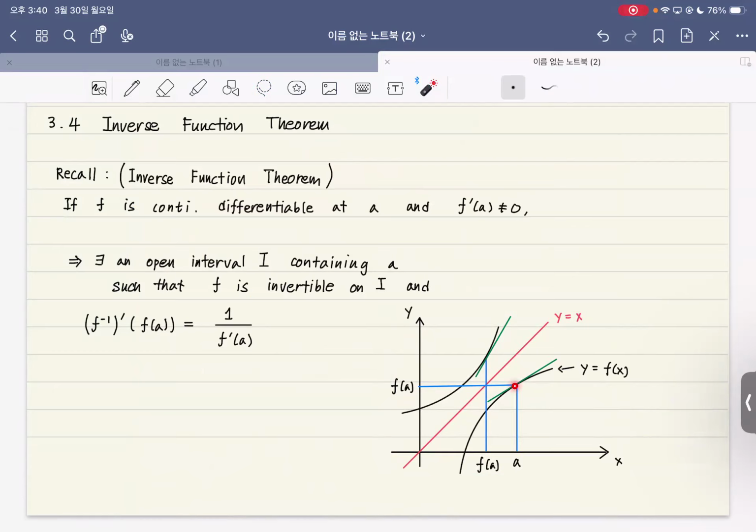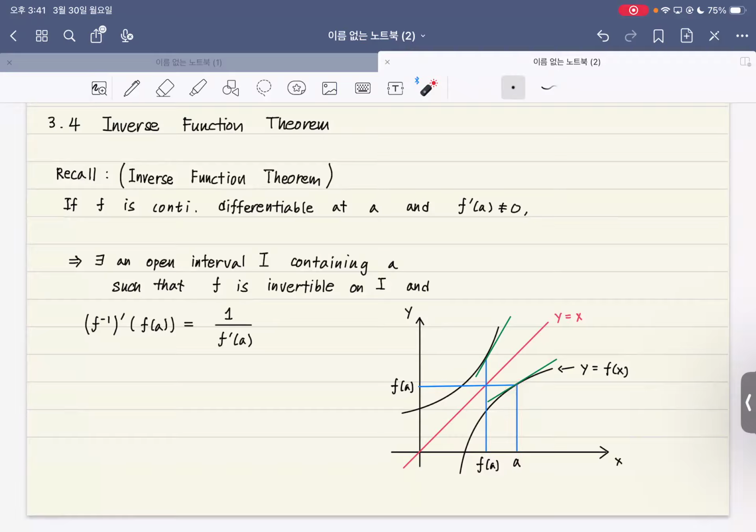Now I want you to focus on this point. When x equals a, this is the slope of the tangent line at this point, and since this is not a horizontal line, the derivative at this point is non-zero, right?